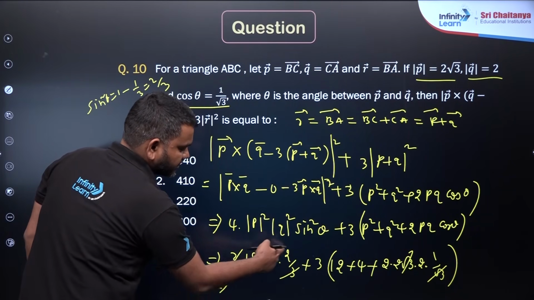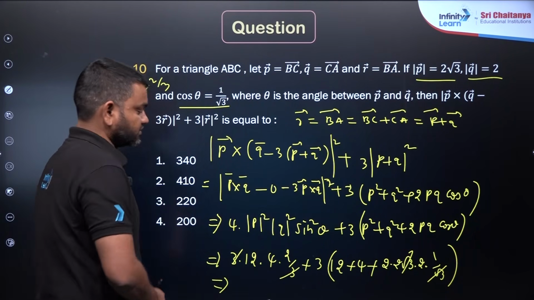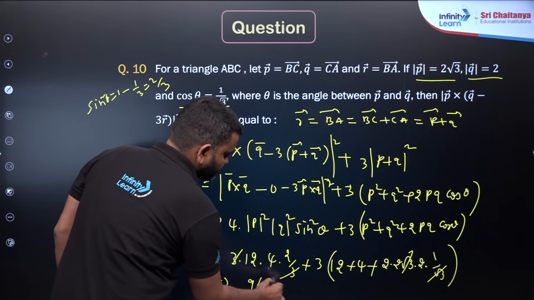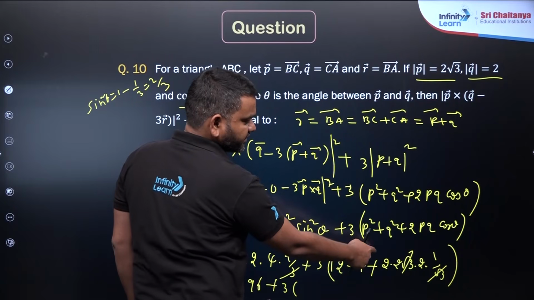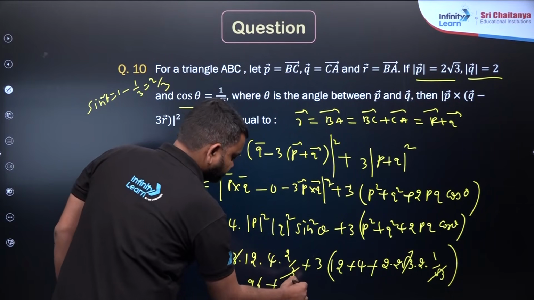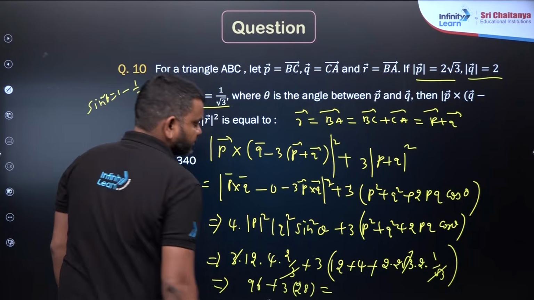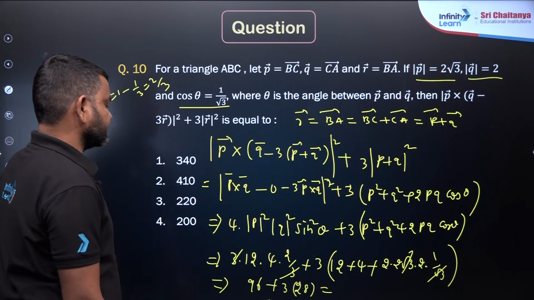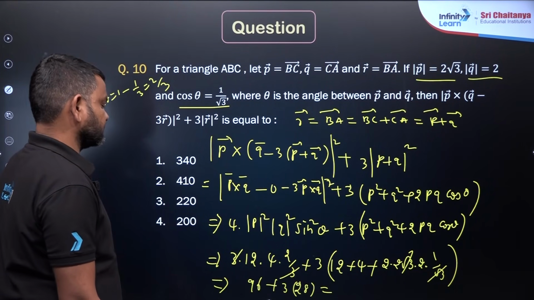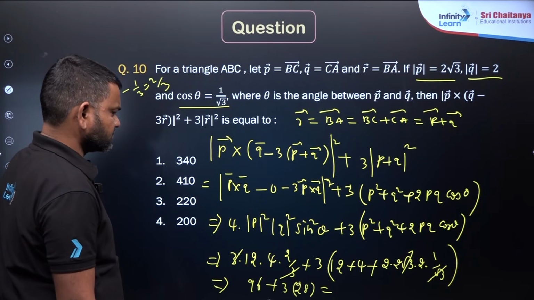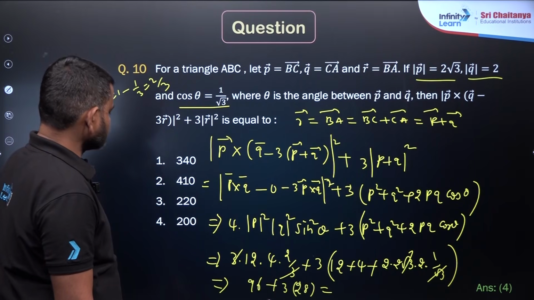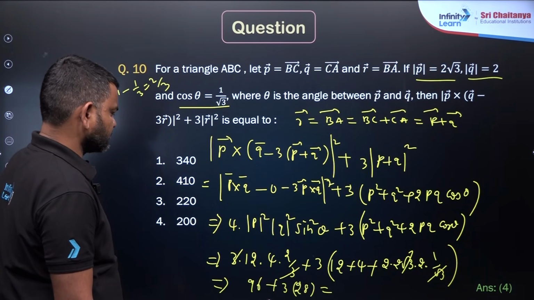So 24 into 4, this is going to be 96 plus 3 times of, this is 20 here, 20 plus 8, 28. This is going to give you 90 minus 6, 84. 84 plus 96, 200 I am supposed to get.